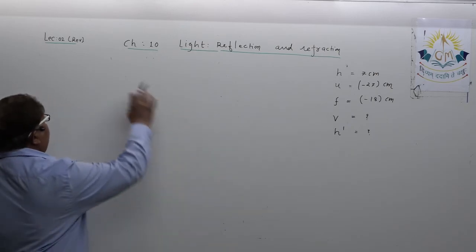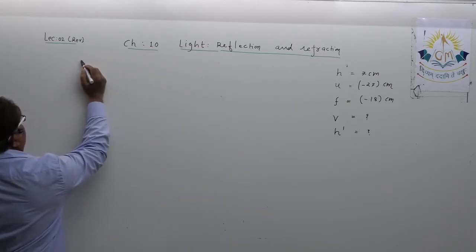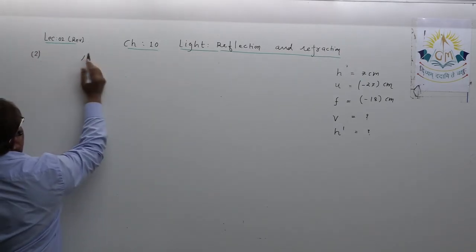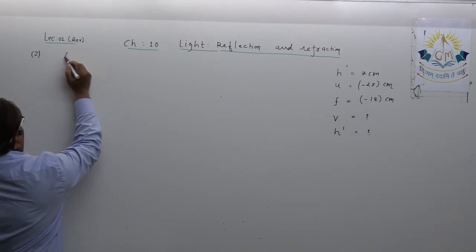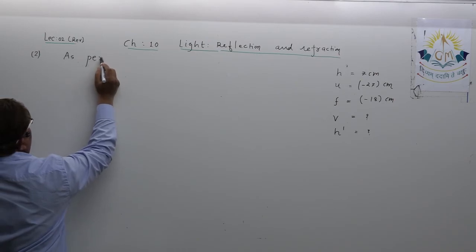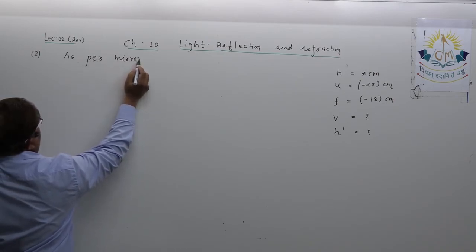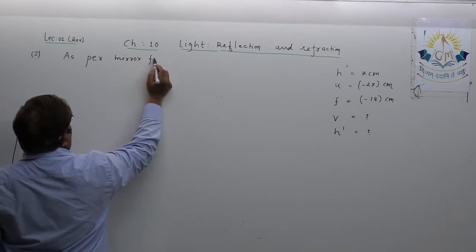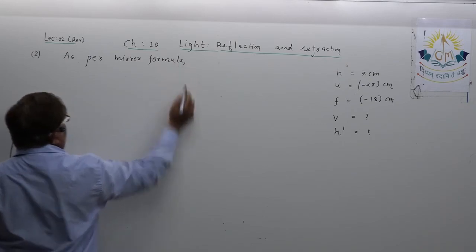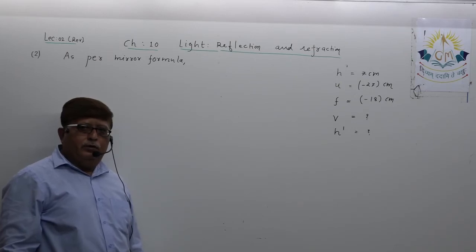Okay, what you need to write here, what I mentioned in the first example, this is compulsory for you to write, dear student: as per mirror formula. This is what you need to write compulsorily when you solve an example.